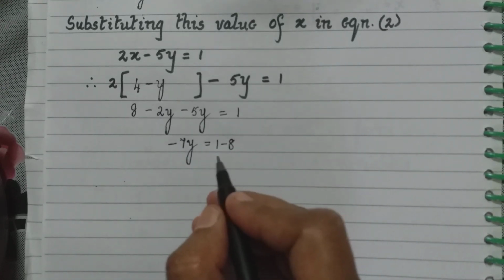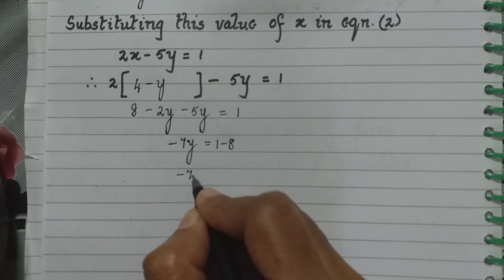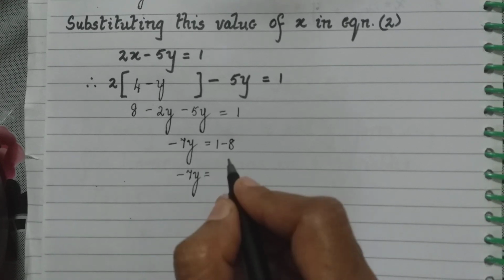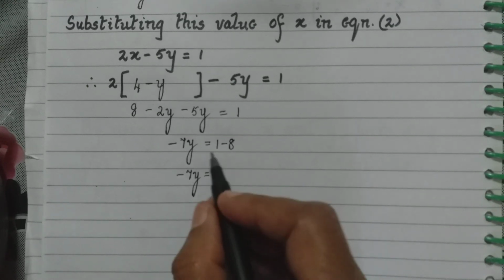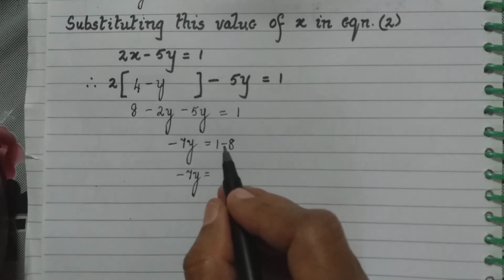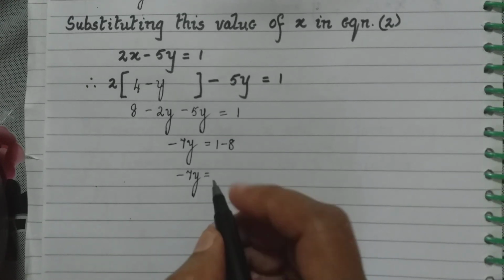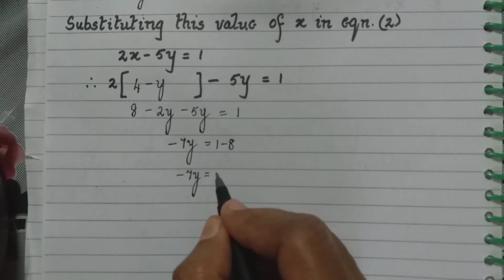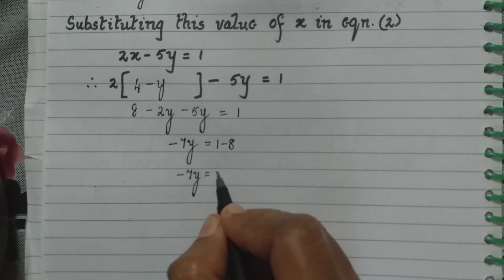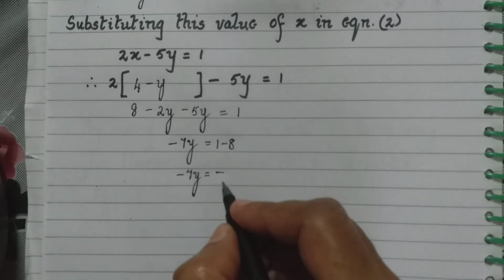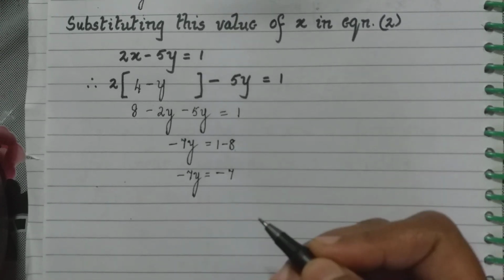Now minus 7y, we write as it is, equal to 1 minus 8. The sign of the bigger number is the sign we take. So, the bigger number, which sign is it having? Minus. 8 minus 1 is 7.